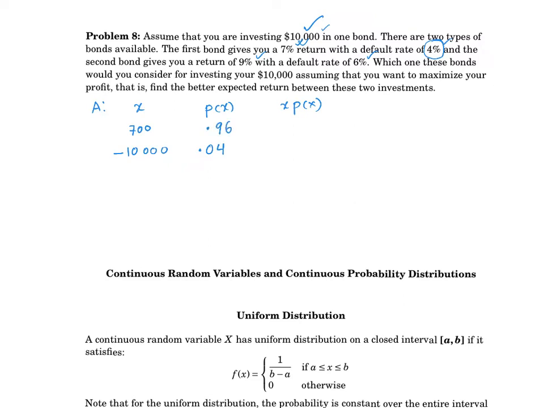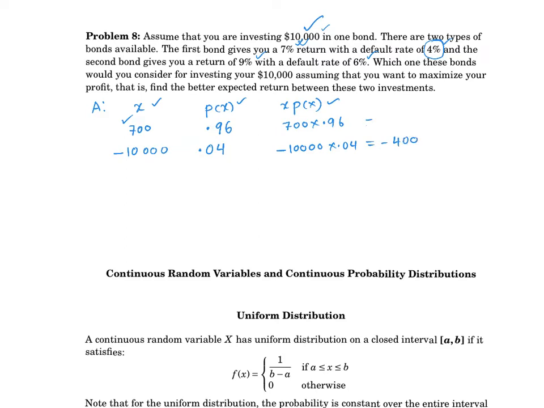If they stay in business, they have to give you $700. So your X times P of X is this column. It's going to be 700 times 0.96. And then the bottom one is negative 10,000 times 0.04, which is negative 400, right?